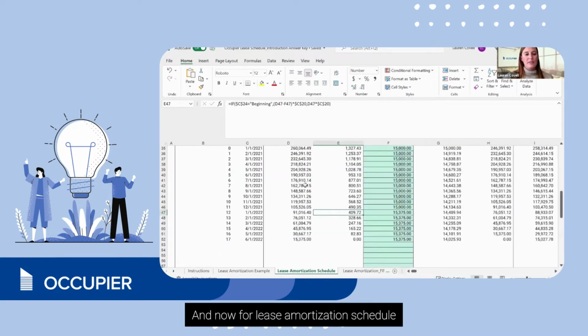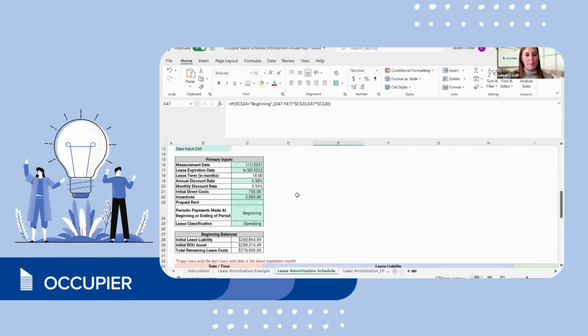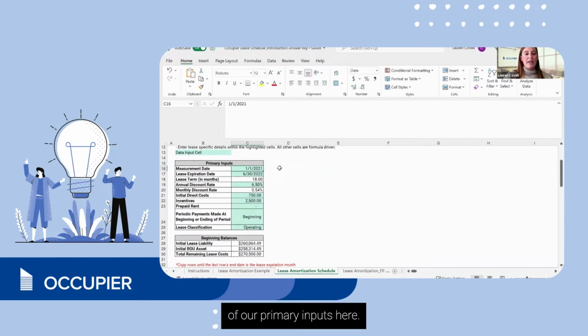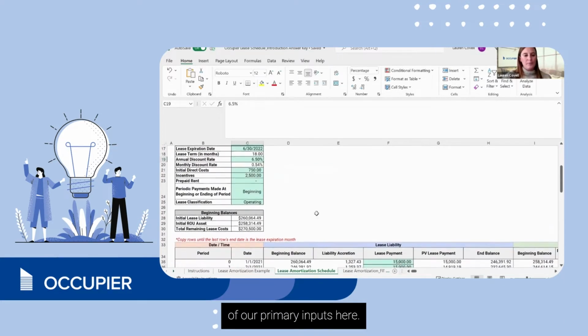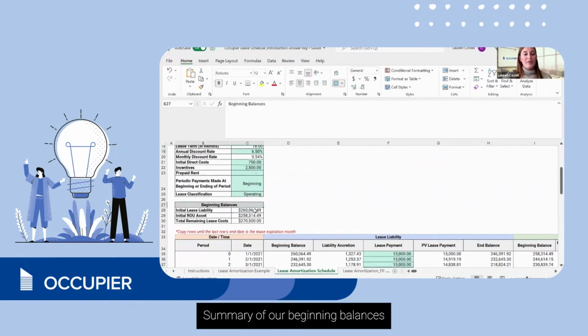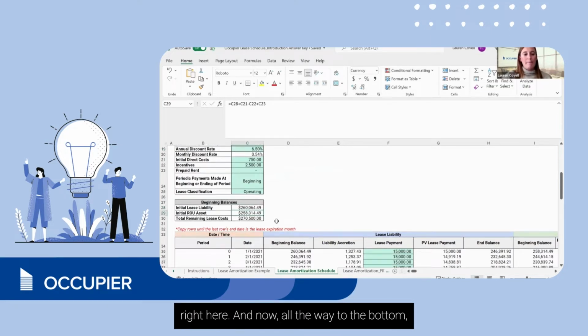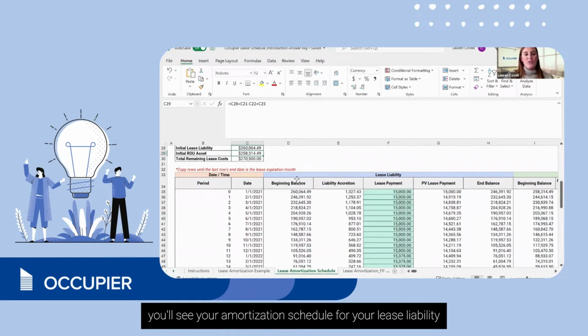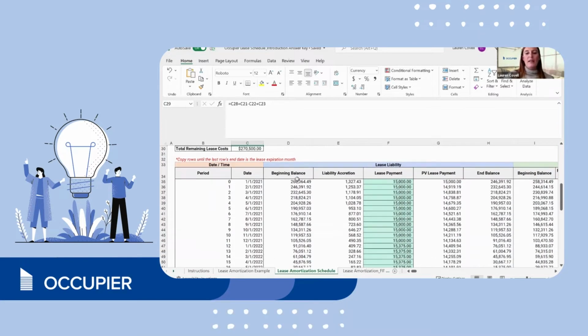And now for the lease amortization schedule, we have our summary of our primary inputs here. Summary of our beginning balances right here. And now, all the way at the bottom, you'll see your amortization schedule for your lease liability to the left and the right of use asset on the right.